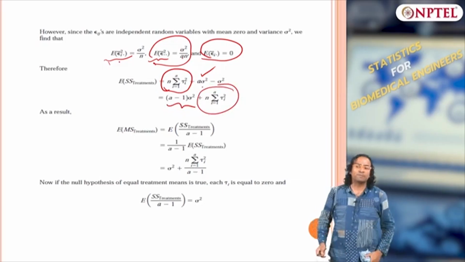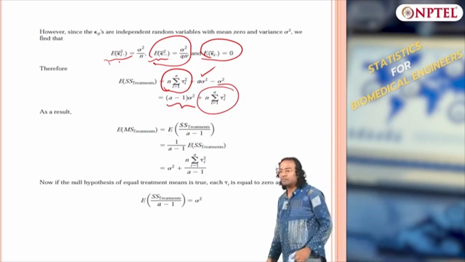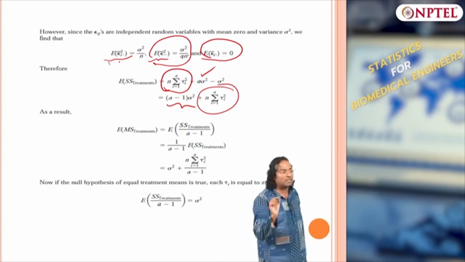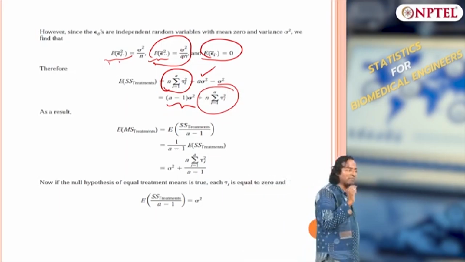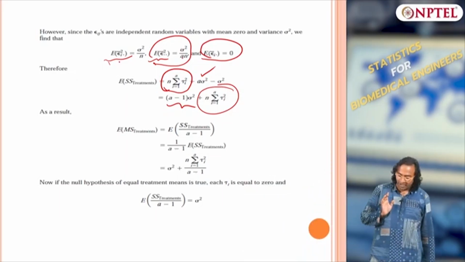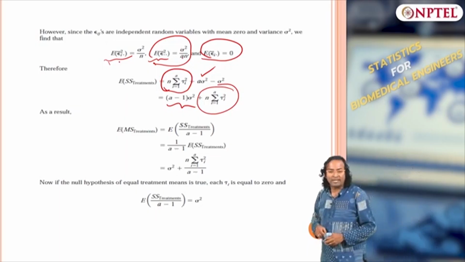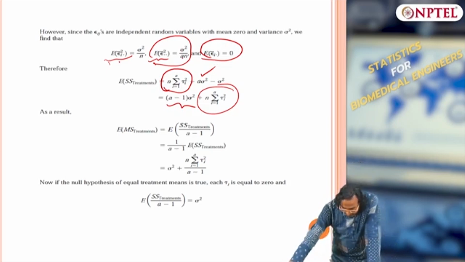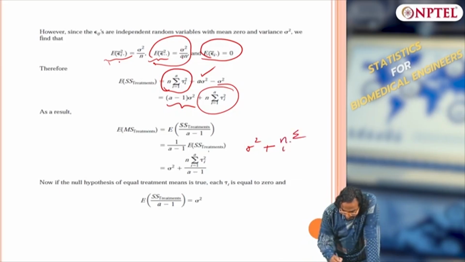This is my expectation of sum square treatment. You have to take each individual 6 components, if you start using the expectation and expand, this is what you will have. Okay. So, what is expectation of mean square treatment? Sum square treatment divided by a minus 1. So, if I divide it by a minus 1, what do I have? It is nothing but sigma squared plus this value.